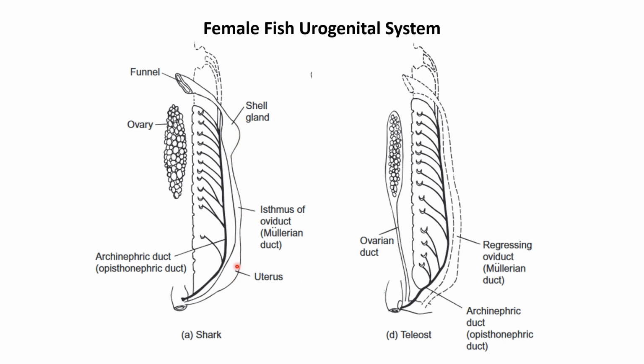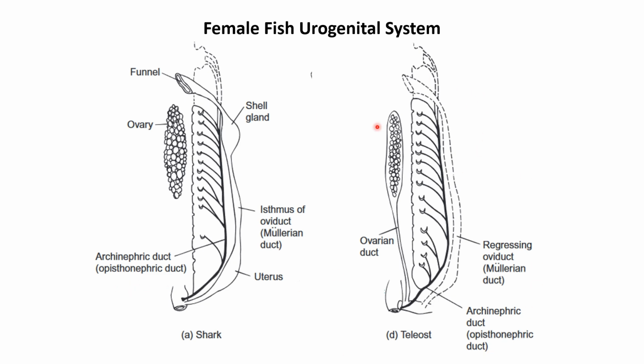The terminal portion is called the uterus, where in viviparous sharks the embryo is gestated, or if the sharks are oviparous, the eggs are temporarily stored here in the uterus before being laid. Note that the archinephric, mesonephric, or opistonephric duct, all of those are synonyms in this case, is intact to serve the kidneys, not the testes. So they should not be called a vas deferens in this case.